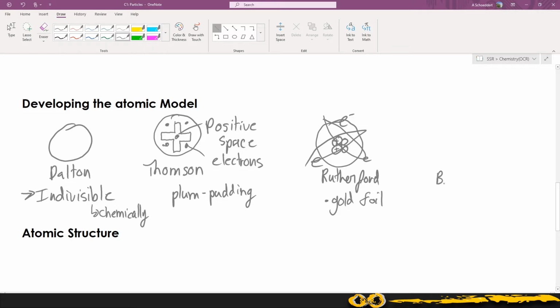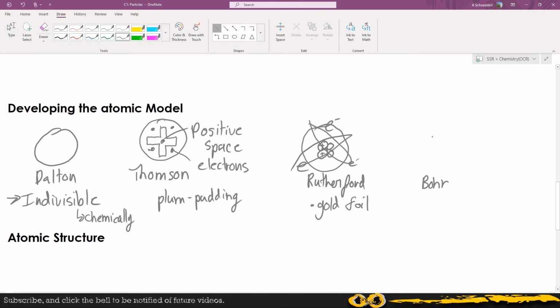At around the same time, Bohr came along and he realized that if you had negative electrons whizzing around outside of a positive nucleus, the two would be attracted together. And seeing as they hadn't been attracted together and the universe hadn't imploded, there had to be something that was keeping them apart.